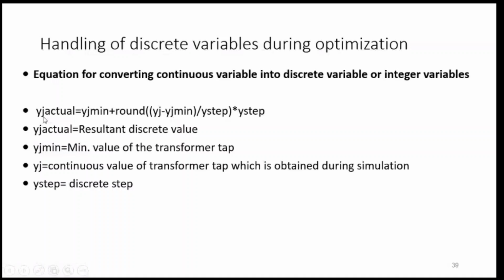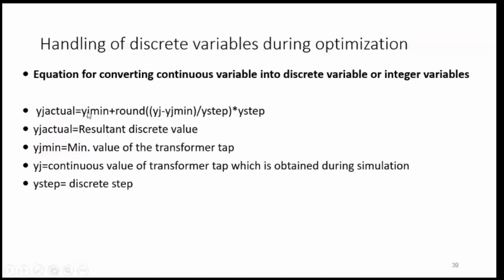So y actual value is equal to the minimum value of that discrete variable plus rounding of the continuous value of the variable minus its minimum value upon the defined step length, into the step size defined for that particular discrete variable, right?